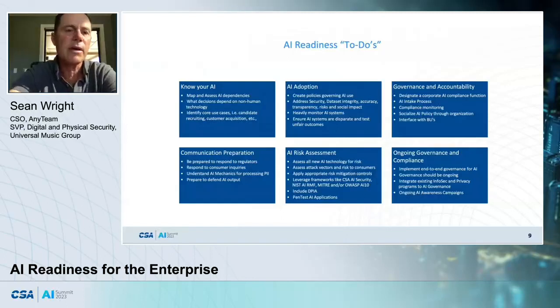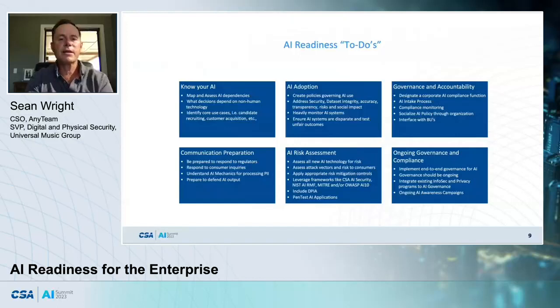So I think the big piece of this is know your AI, understand what the business is trying to do. Look at mapping and assessing any of the AI dependencies and get those documented, so you have some sort of formalization around the various systems that are in place and that are a part of your AI technology that you're looking at deploying.